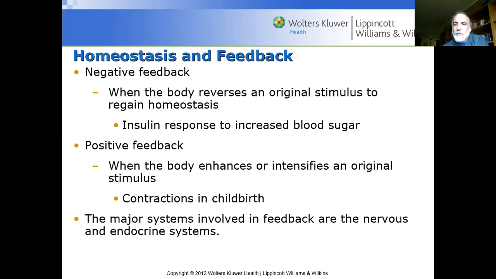In the feedback loops, nervous and endocrine systems are the major systems involved. When you think endocrine system, let's look up the page there to the insulin response to increased blood sugar. As we remember from last week, what organ releases insulin? It would be the beta cells in the islets of Langerhans in the pancreas.